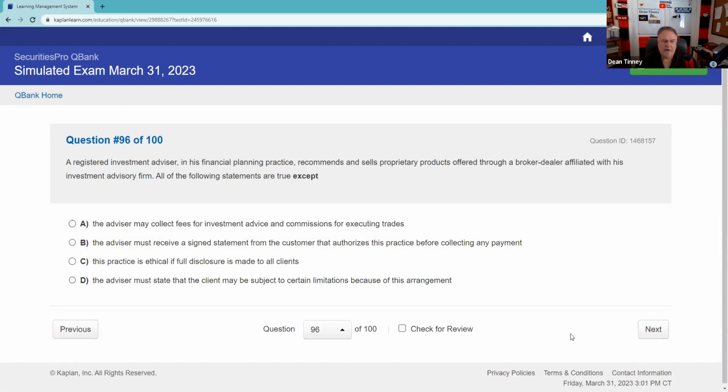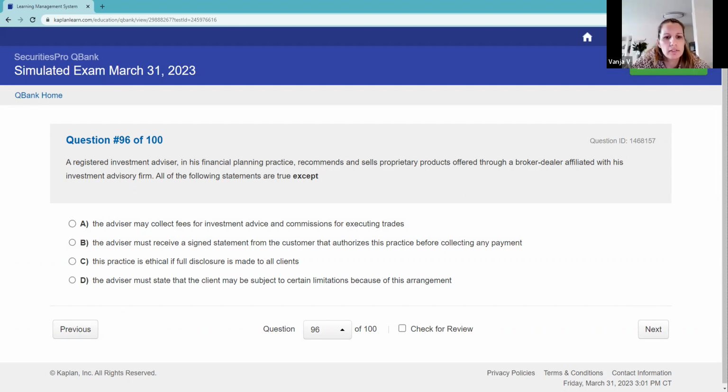A registered investment advisor in his financial planning practice recommends and sells proprietary products offered through a broker dealer affiliated with his investment advisory firm. All the following statements are true, except: The advisor may collect fees for investment advice and commission for executing trades. True, okay.